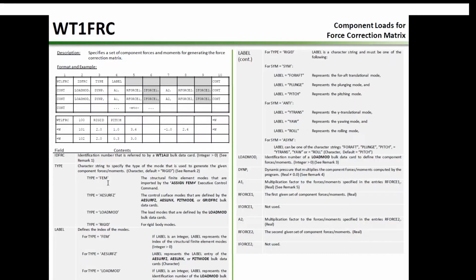This one is referred to by the WT1 AJJ, and type specifies a displacement vector. This displacement vector could be a structural finite element mode, a control surface kinematic mode, a load marker, or a rigid body mode. And label: if the type equals FEM, label is an integer and represents the index of the structural finite element modes.